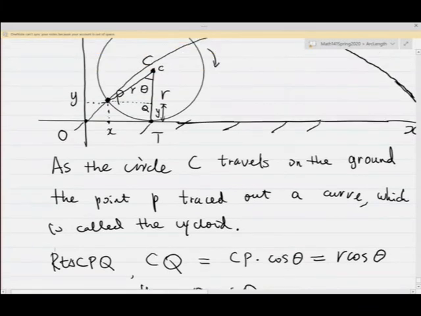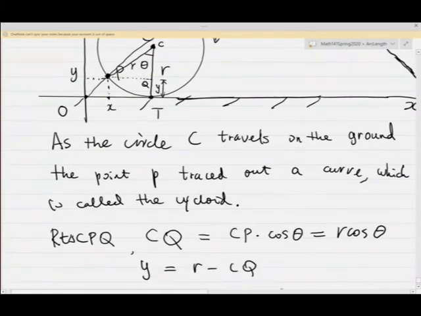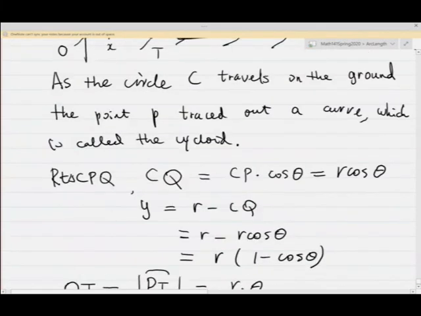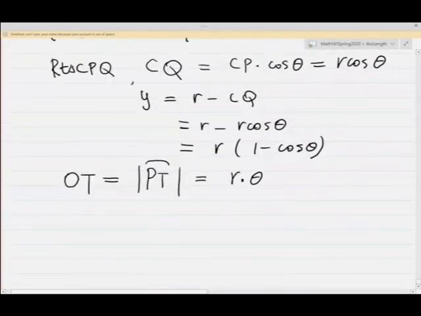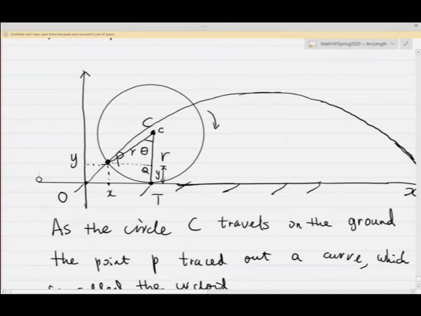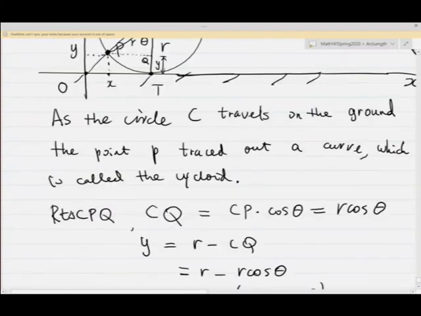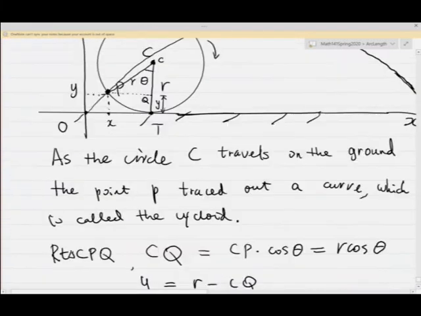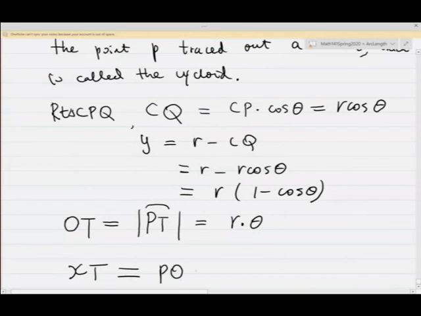Now we have OT. Now we need to find OX, so we need to find XT. To find XT, in triangle CPQ, XT equals PQ.